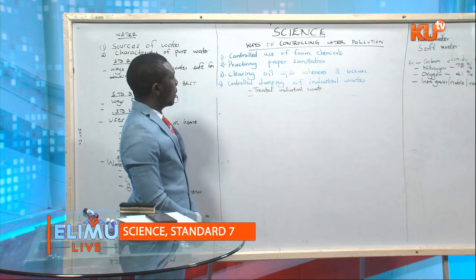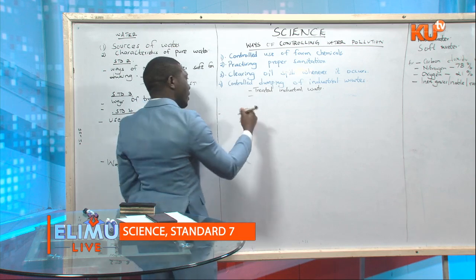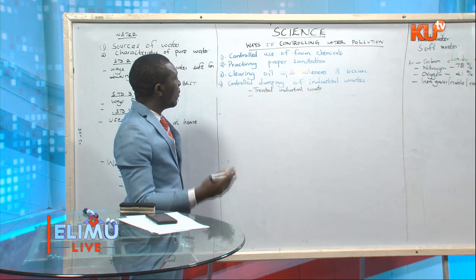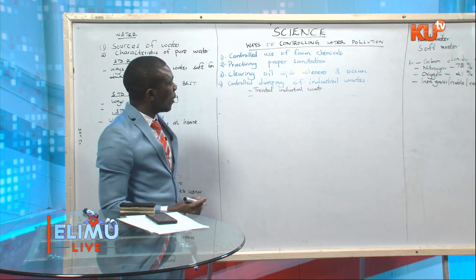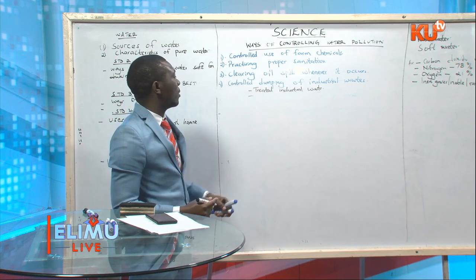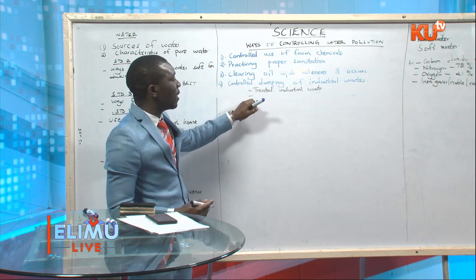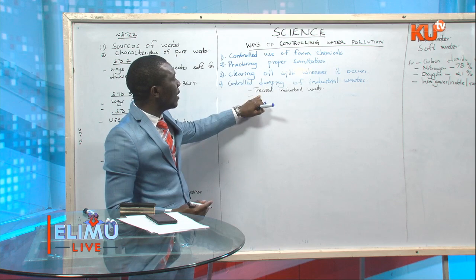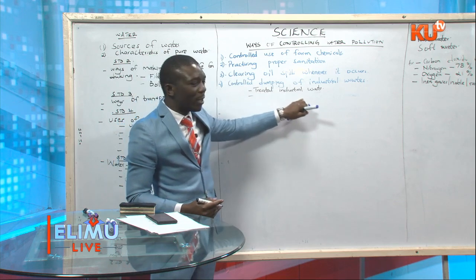Number 2, there's something we call on-site treatment. That one is learned in class 8 under ways of managing industrial waste. We have got reducing its generation. So we have got some ways the industries can use to prevent this water from being polluted.